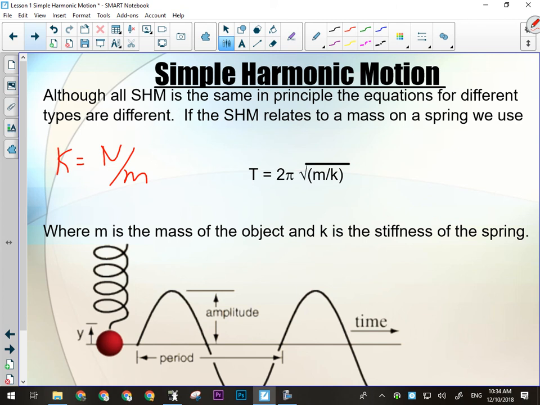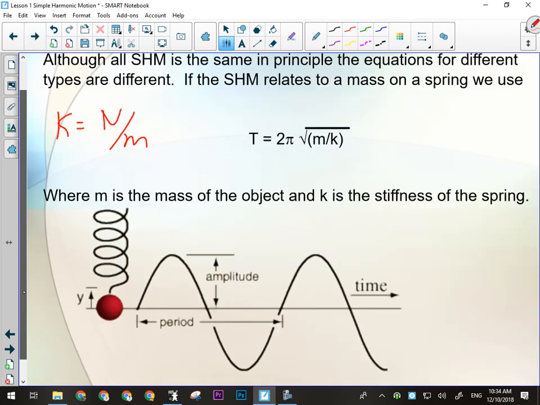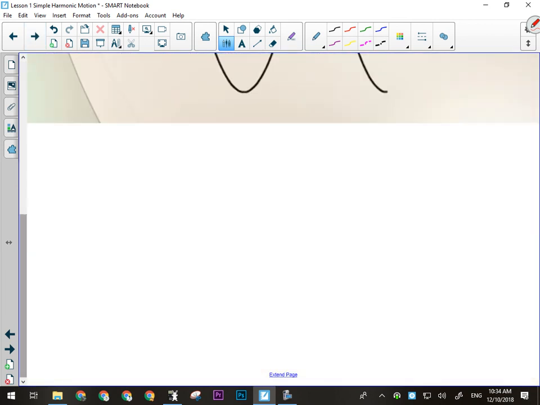Okay. If I want to manipulate this formula for mass or spring constant, what am I going to have to do? I'm going to have to square everything in order to get rid of that square root. All right, so if I'm solving for m or k, if I want to solve for either one of those, before I can move them, I have to get rid of the square root sign.